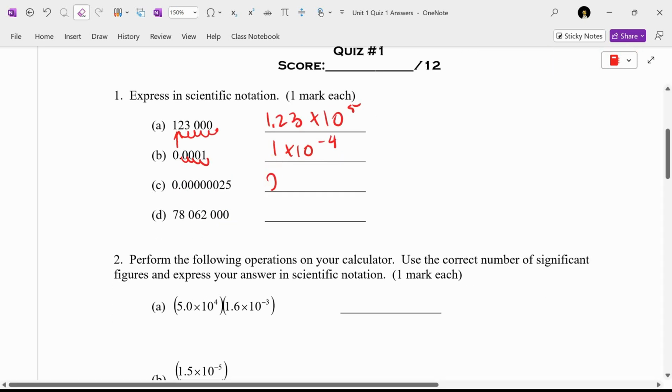It's going to be 2.5 times 10 to the negative 1, 2, 3, 4, 5, 6. Is it negative 7? And 7.8062, I guess I got to write them all because they're significant, times 10 to the 1, 2, 3, 4, 5, 6, positive 7. Half mark for the first, half mark for the times 10 to the.